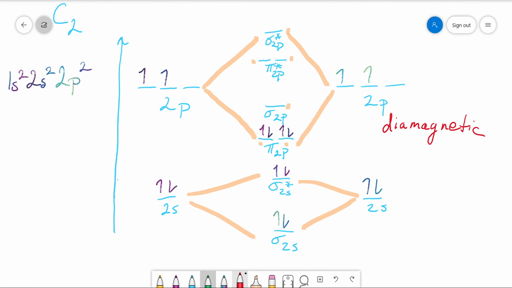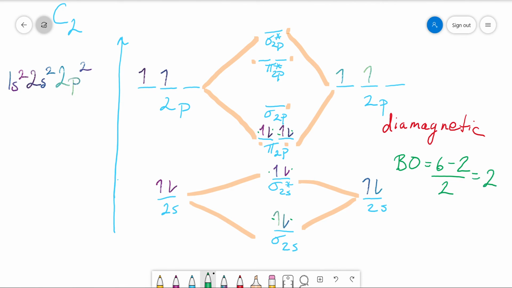Okay, and our bond order? 1, 2, 3, 4, 5, and 6 bonding, minus 1, 2 anti-bonding, all divided by 2, so that gives us a bond order of 2.